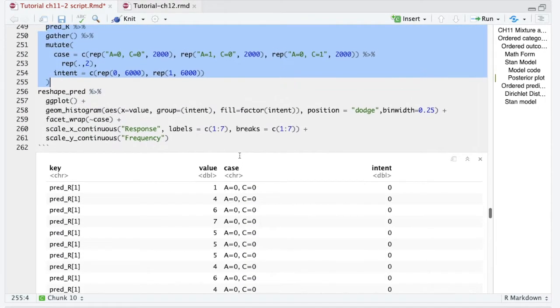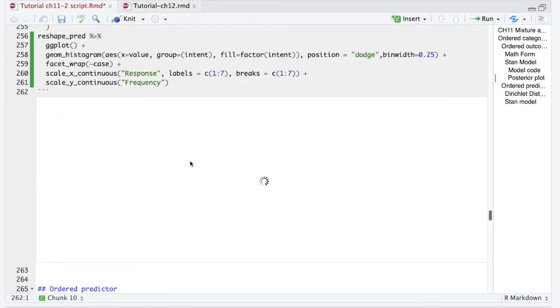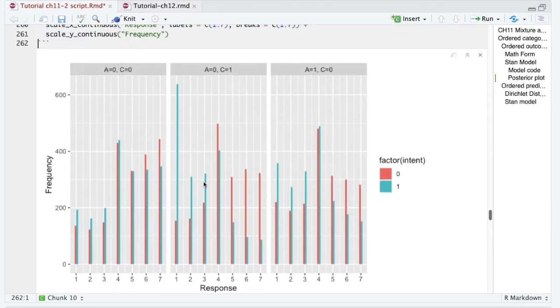Okay, so now we just need to split the 6 histograms using the facet wrap function, and then give them different colors using the fill and group arguments in the geom histogram function. Set the position parameter to dodge, then we will get the result like this. If you don't set the position parameter to dodge, the blue bars and the red bars will be in the same one, and you can't visualize the differences.